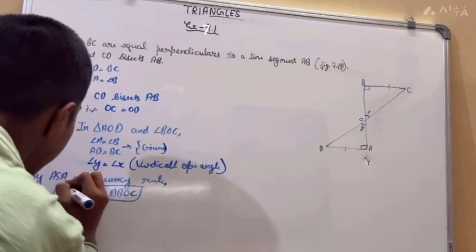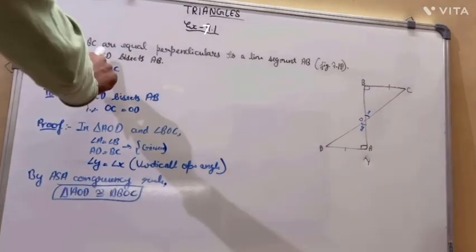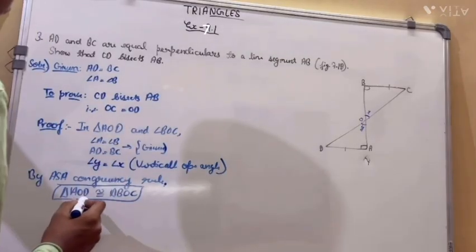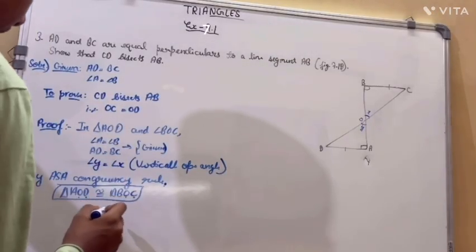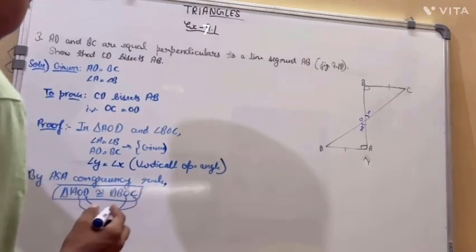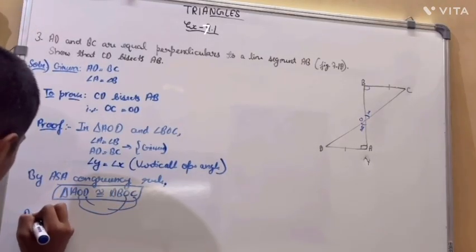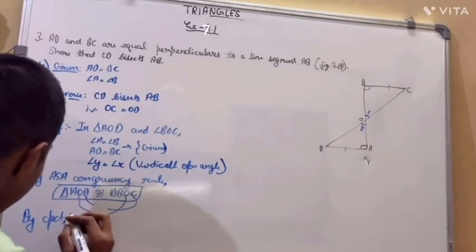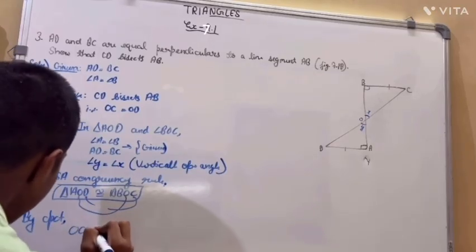This we have proved. Okay, but we have to show CD bisects AB, that is, OC is equal to OD. Here you can see OC, OD. Here O is equal to here O and D is equal to C. That means by CPCT we can say that OC is equal to OD.